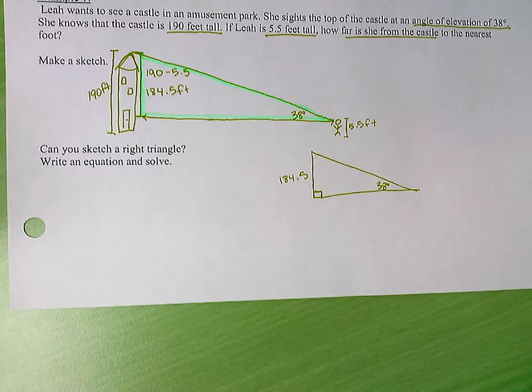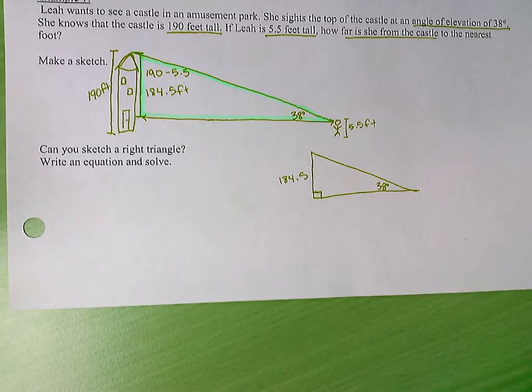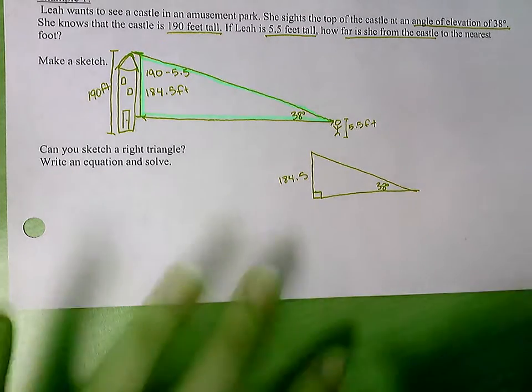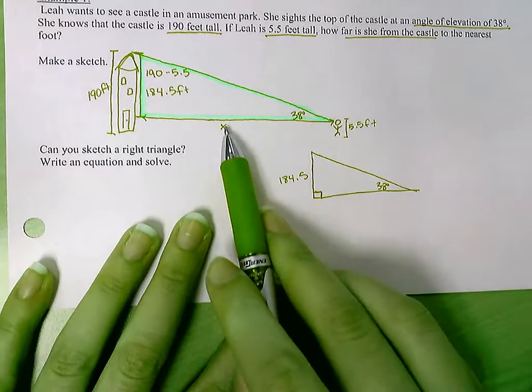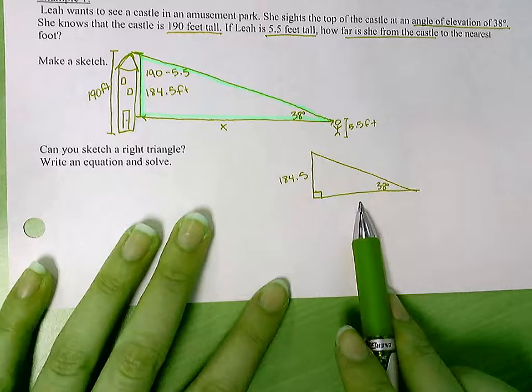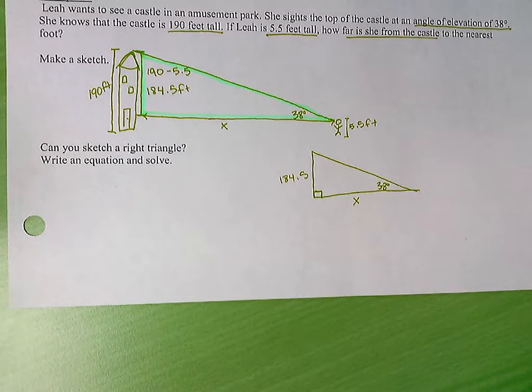Now, back up in my problem, we wanted to see how far away she is from the castle. We don't know how far away she is. That'll be your horizontal distance. So right here would be our x value. In our smaller picture here, that side would be our x value.